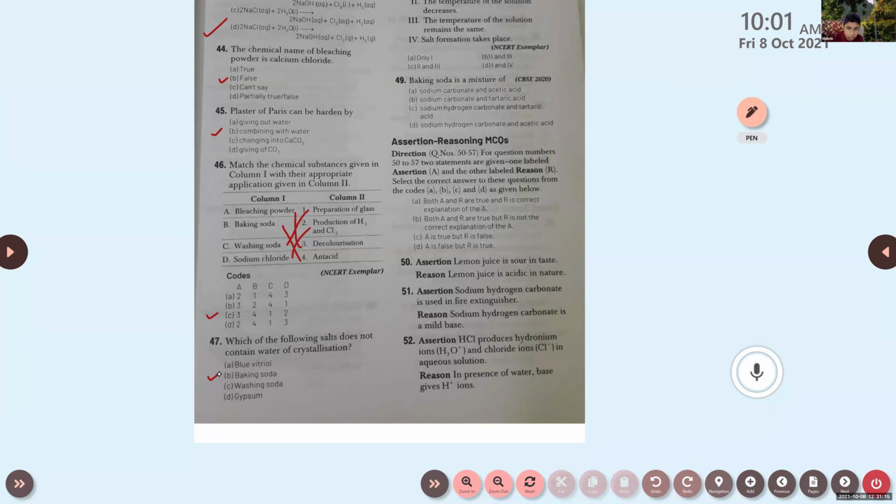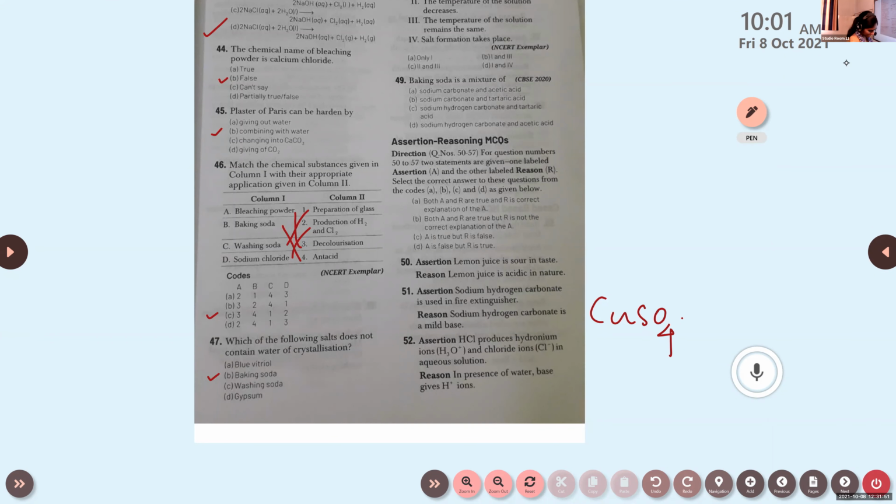Yeah, blue vitriol, that is copper sulfate, CuSO4. How many water molecules are there? We have learned the same, experiment 2.15. How many water molecules for copper sulfate?